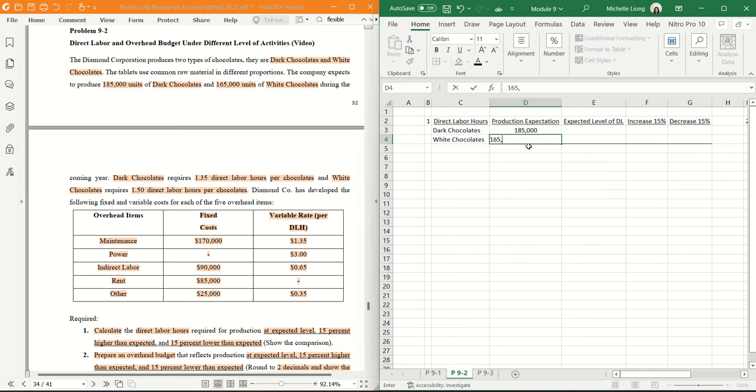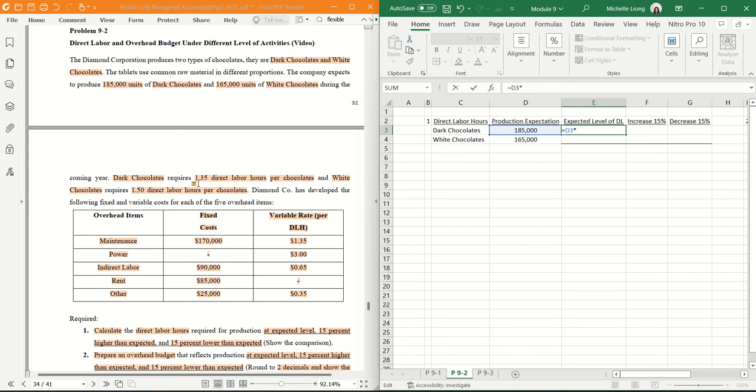White chocolate is 165. Okay, and then for the expected level, how do we find it? Direct labor hours is not stated here, but they do tell us per chocolate. So expected level of DL is 185 for dark chocolate times the rate.